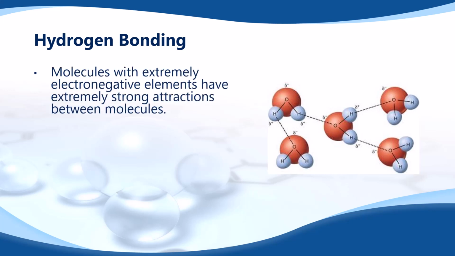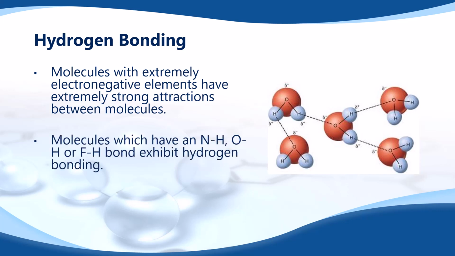When you have very electronegative elements, you can form very strong polar molecules. Well, if you have a hydrogen that is bonded to a nitrogen, oxygen, or fluorine, that attraction is so strong that we give it its own intermolecular force name. We call it hydrogen bonding.